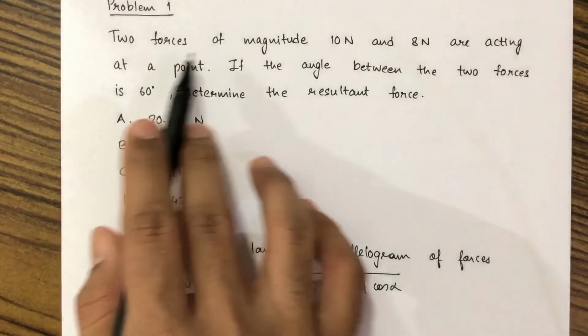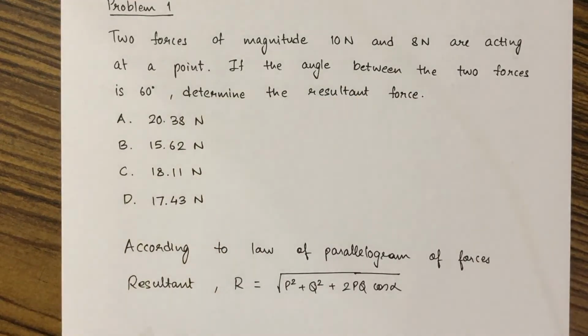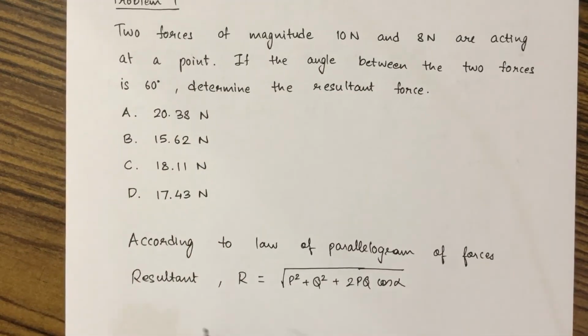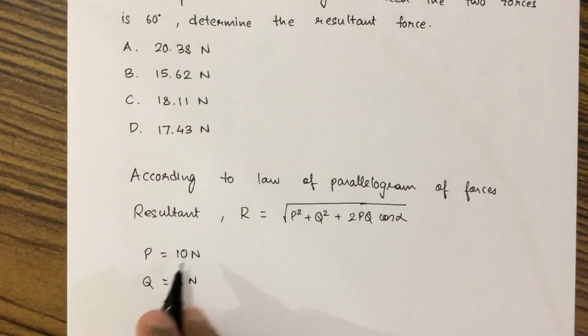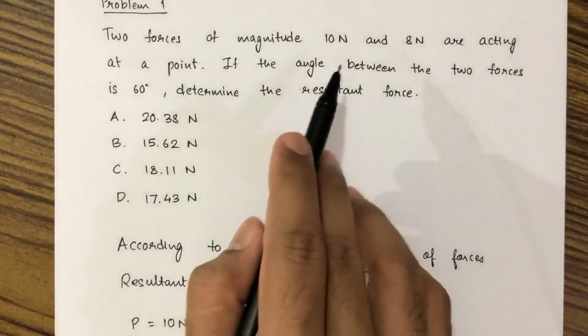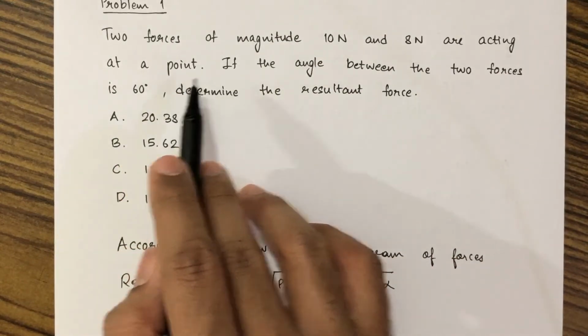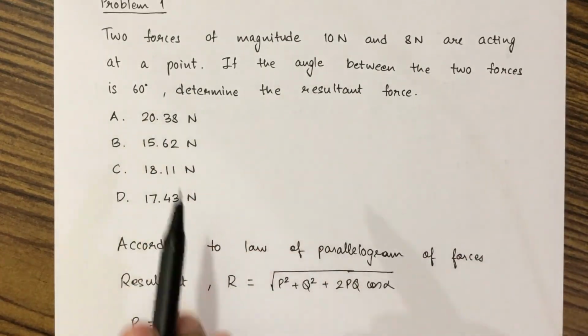Now here, two forces of magnitude 10 Newton and 8 Newton are acting at a point. So let us say that P is equal to 10 Newton and Q is equal to 8 Newton.